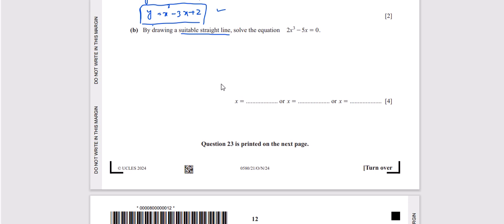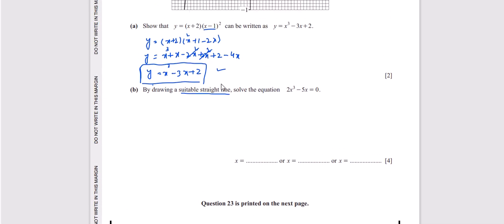So the given curve is y is equal to x³ − 3x + 2, and the given equation is 2x³ − 5x. Here there is also x³, so if we multiply the curve equation with 2, we get 2y is equal to 2x³ − 6x + 4.